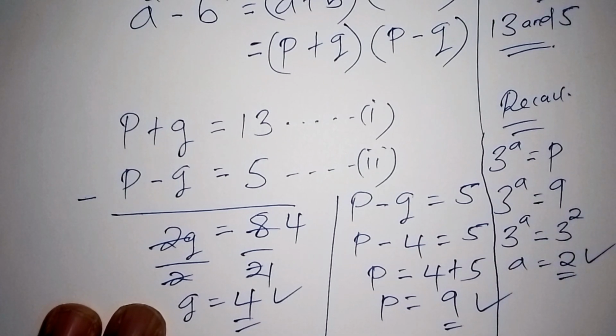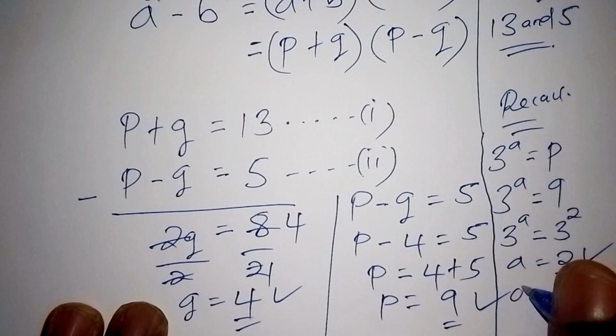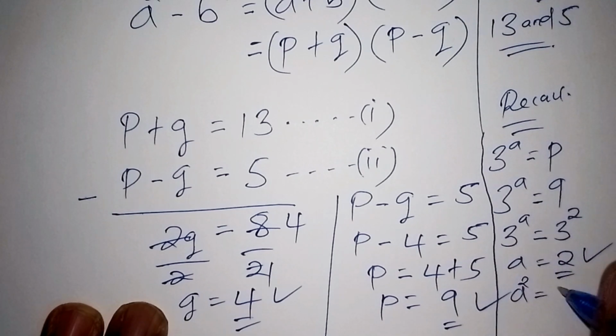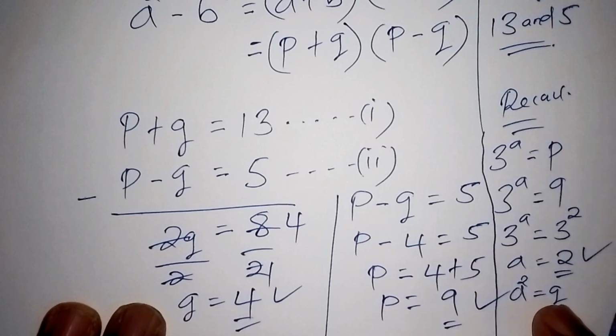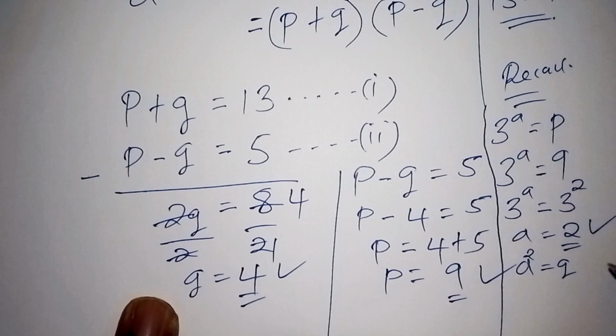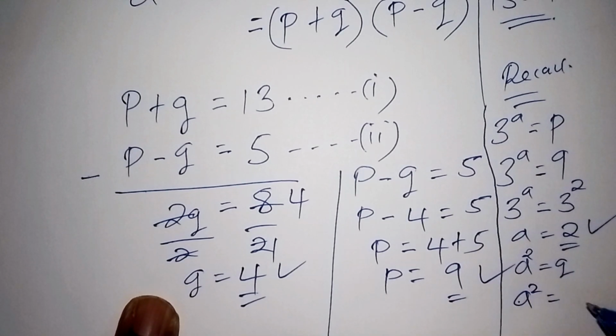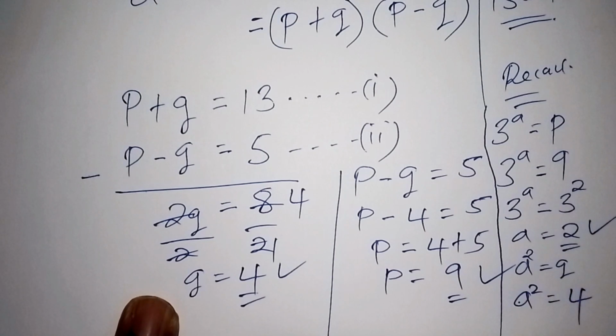What about the other value for q? We had said that let a squared be equal to q. In that case, q we had said is equal to 4. So now a squared is equal to 4. So what shall be our value for a?